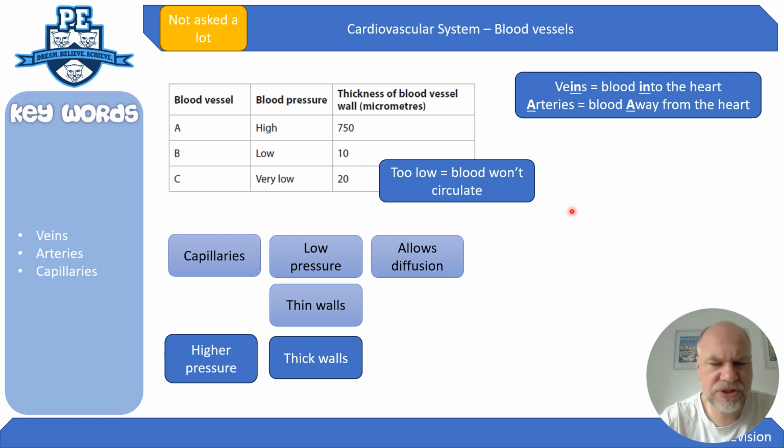If blood pressure was too low, our body can't circulate the blood, so it doesn't want to be too low a pressure. It needs to keep moving, but it's just something to keep in mind. But when you're revising the blood vessels, just think which blood vessels have the highest pressure and which have the lowest pressure.